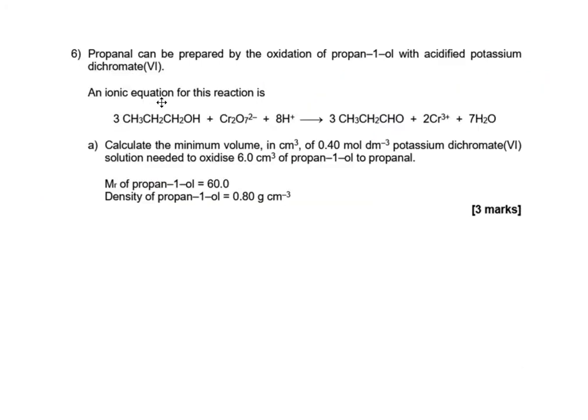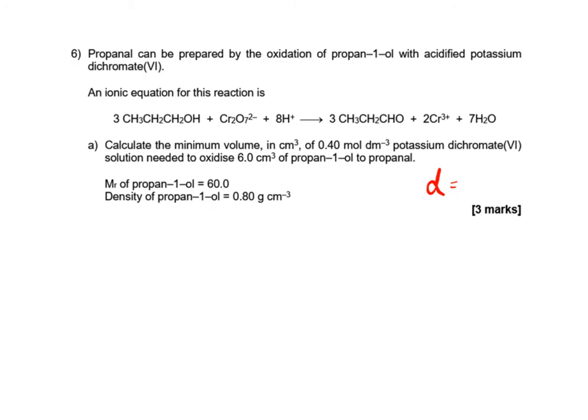Another calculation for question 6. Here we've been asked to work out the minimum volume in centimetres cubed of dichromate needed to oxidise the propan-1-ol. So the place to start with is with the propan-1-ol, and we've got the density, and so density is the mass over the volume.